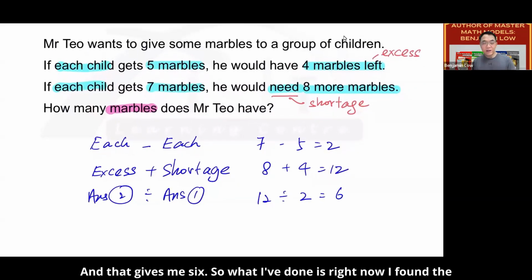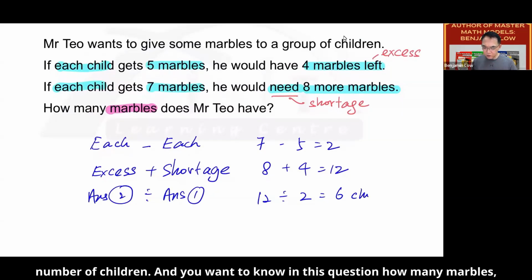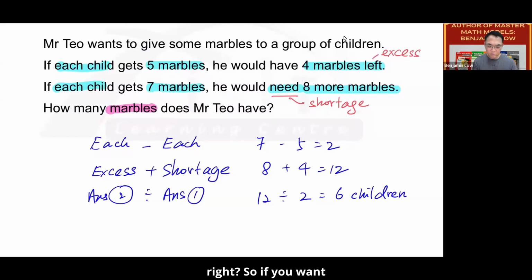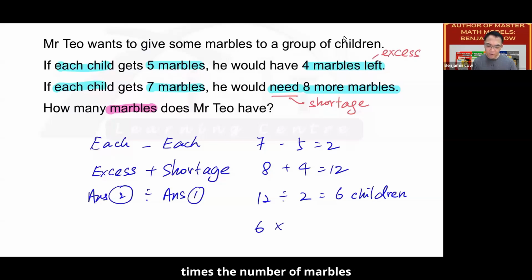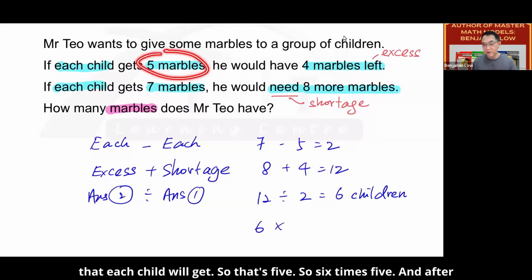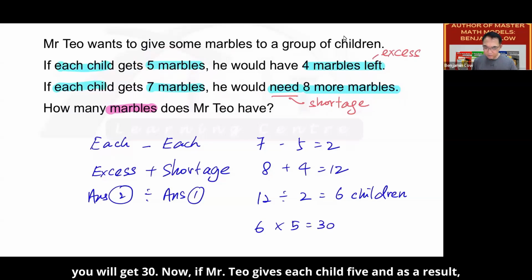So what I've done is I found the number of children. So 6 is the number of children, and you want to know in this question how many marbles. So you take 6 times the number of marbles that each child will get, which is 5. So 6 times 5 gives you 30.